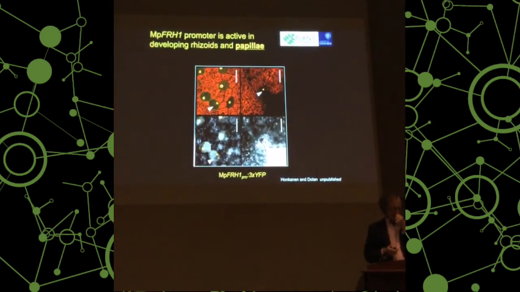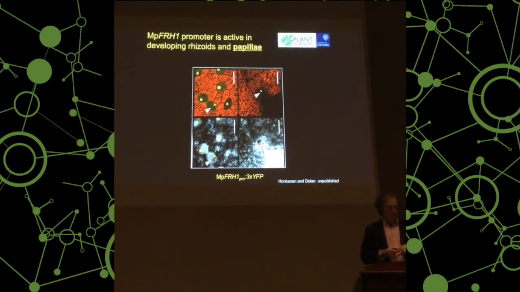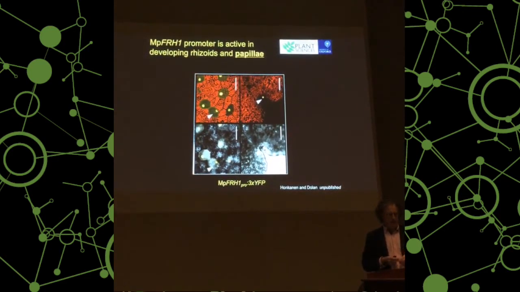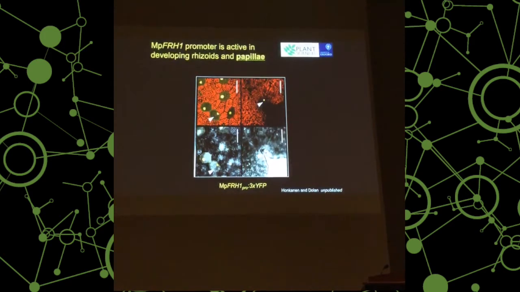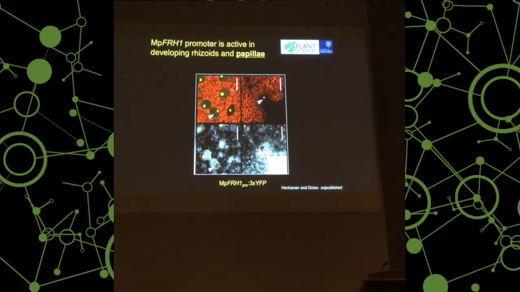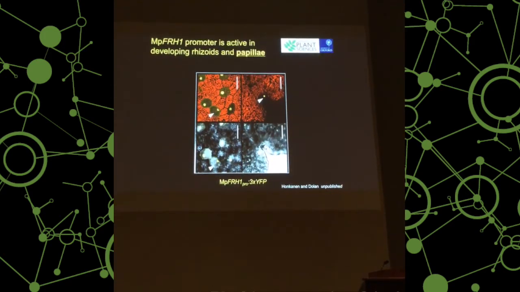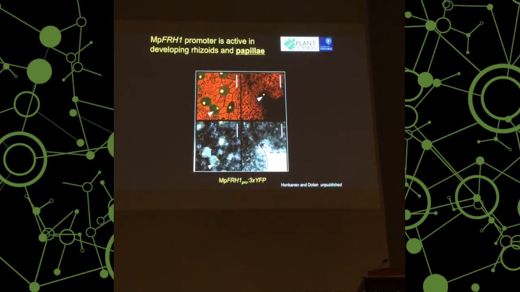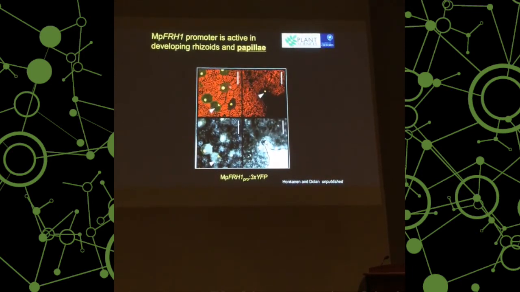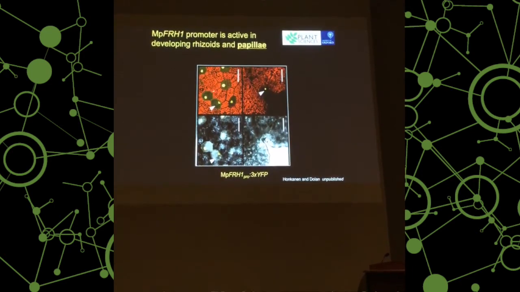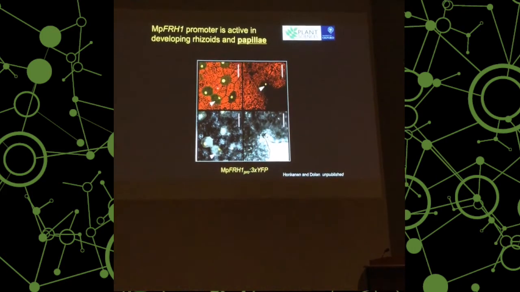So this is a rather trivial experiment where we were looking to see what cells the FRH1 promoter was active in. And you can see these nice spots. So this is a close-up of the surface of those gemmae, so those green discs that I described earlier. And these are those large pale cells. So that's a rhizoid precursor. And then these cells in here are the epidermal cells.